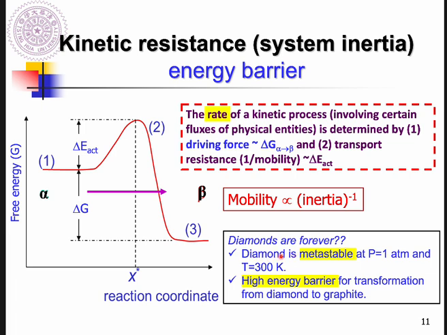As we know, diamond is metastable at 1 atm and 300 K, which means that sp3 carbon is metastable. What is actually stable is sp2 carbon, which is more stable than sp3 carbon at 1 atm and 300 K. So diamond, sp3 carbon, is here, and graphite, sp2 carbon, is here, with a more stable, lower energy compared to diamond.